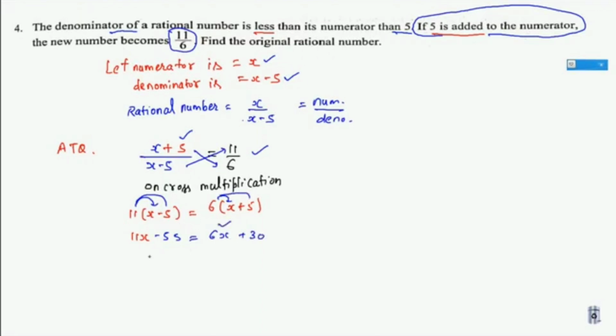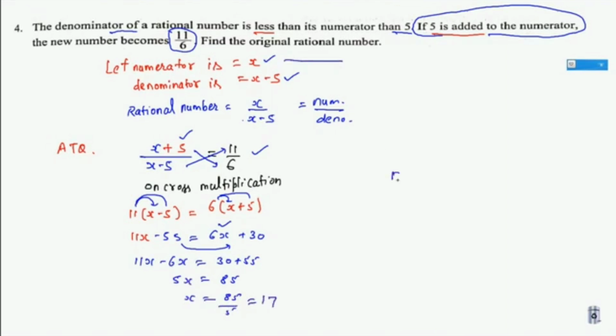This implies 11x minus 6x is equal to 30 minus 55, which will go there and become plus 55, is equal to 85. So 5x is equal to 85, x equal to 85 by 5, which is equal to 17.